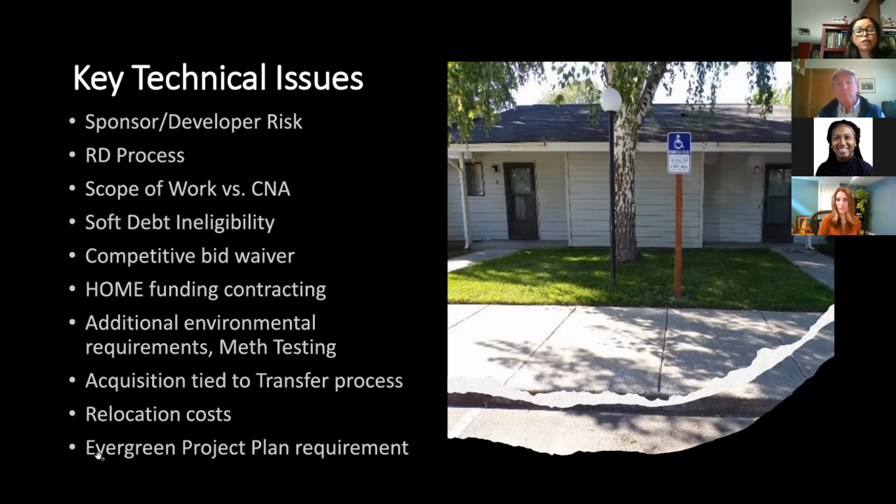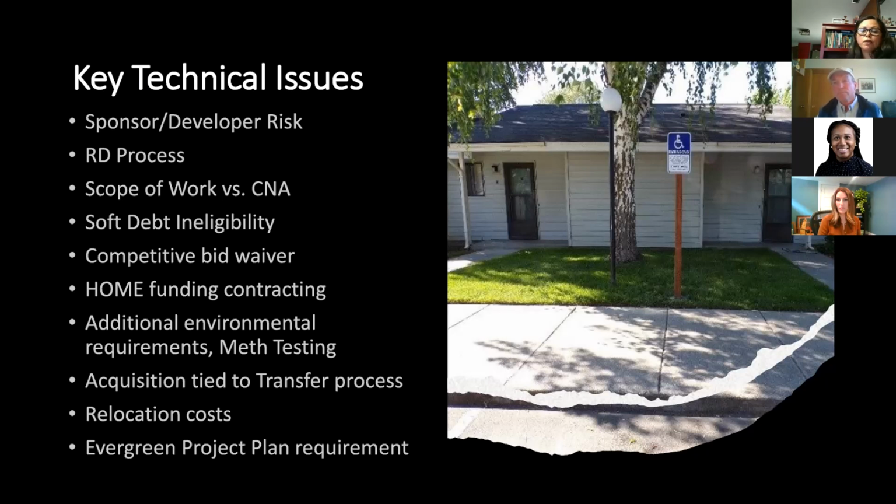Also, the relocation cost is another issue or challenge that we have to deal with, because we don't have a grant or funding available through RD. The NPR has not been published, and from what we understand, there's a backlog in financing multiple projects at this time, so there's no funding available, and their funding does not apply to relocation costs.